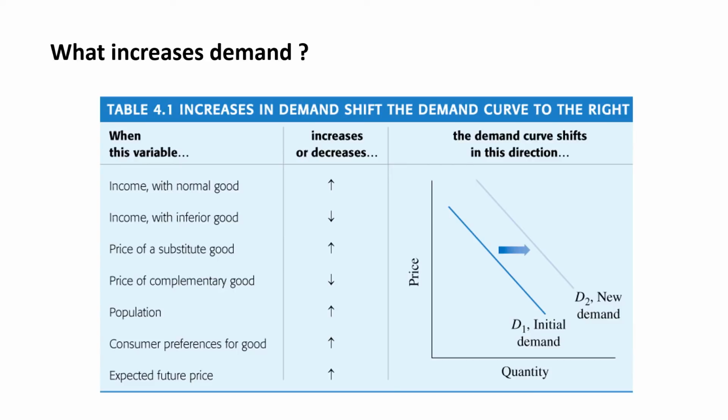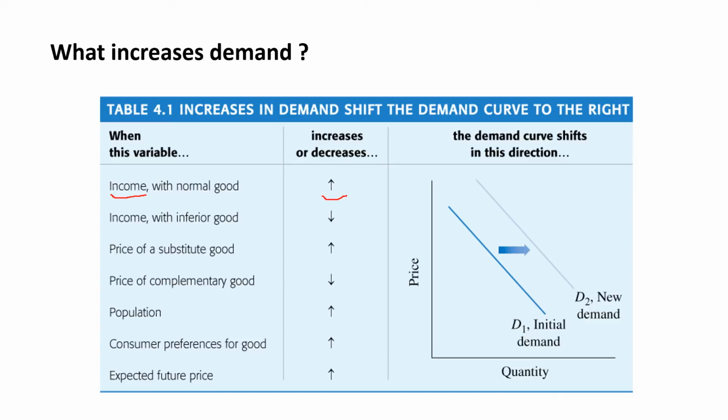Let us look at this table, which will give us a good idea about the factors that will cause a shift of the demand curve to the right. Let us start with income, with normal goods. If your income increases, what will happen?